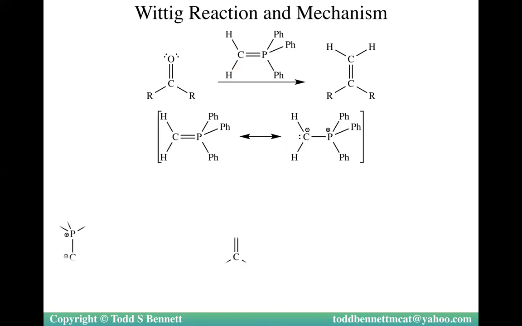Okay, so very interesting mechanism, the way it works. So I'm going to draw the negative and positive version of it. And again, you're welcome to draw it as a pi bond if you wish, totally up to you. But they come together and they have to line up the right way. So you're ultimately going to make a phosphorus oxygen bond. If you think of stable compounds, phosphate, sulfate, borate, those are compounds that are very stable in their oxide forms.